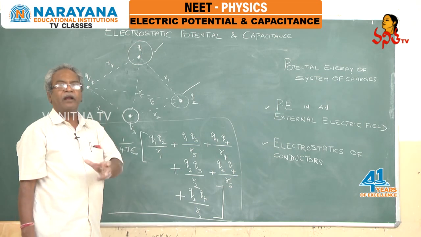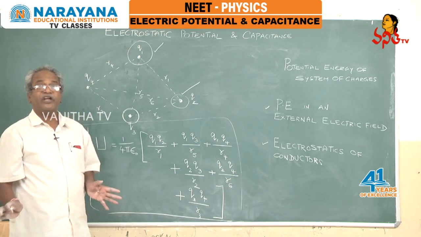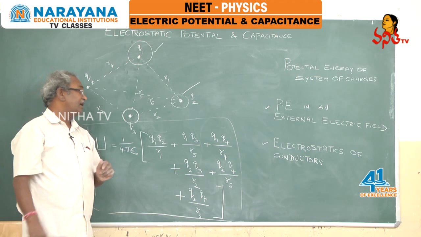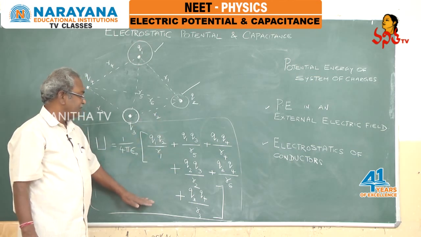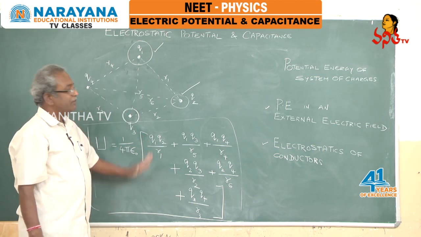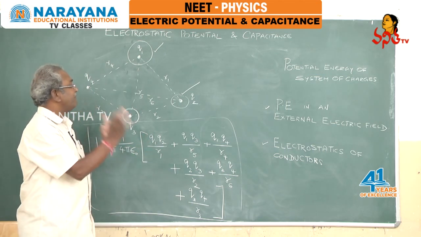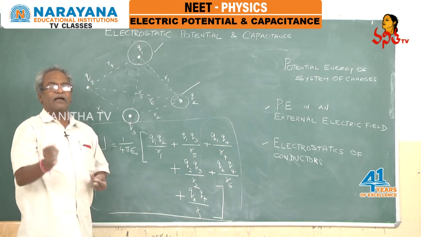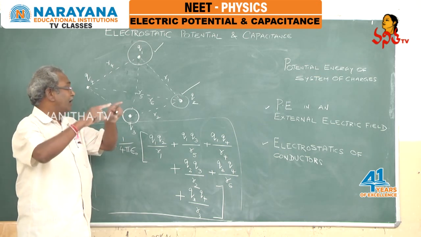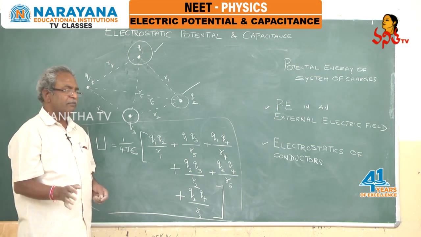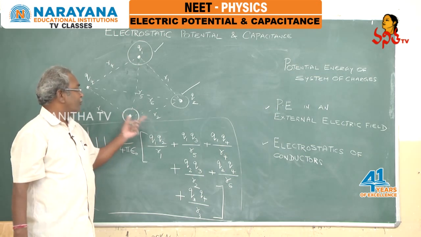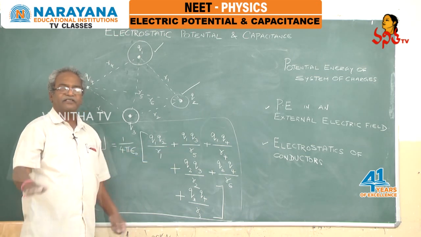Between each pair there will be electrostatic potential energy, and the sum of all these potential energies is nothing but this value here. It is a method of calculation. If many point charges are given at the corners of an equilateral triangle or at the corners of a square, etc., simply find how many pairs are available. Between each pair the potential energy will be like this.